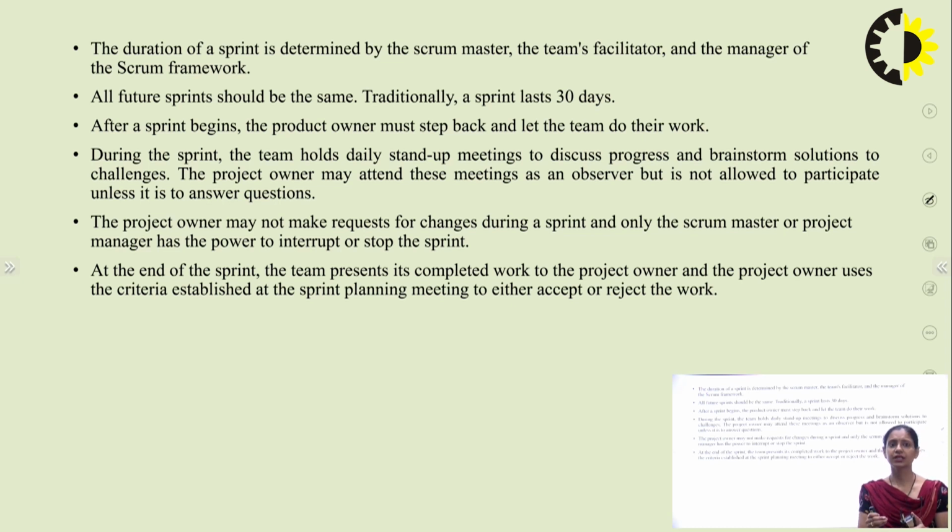Hence, the owner won't be making any request. Whatever requirements have been gathered or decided initially in the planning, only those things will be given in the current sprint. If the owner has some changes that need to be done, those changes are taken care of in the next sprint.